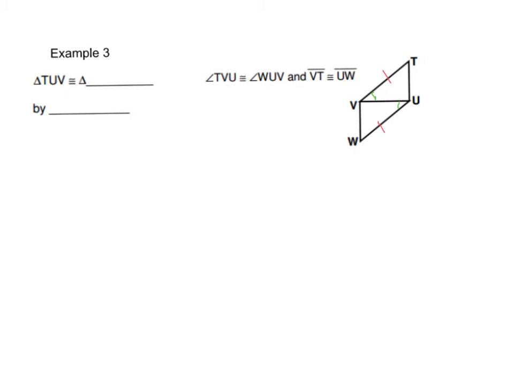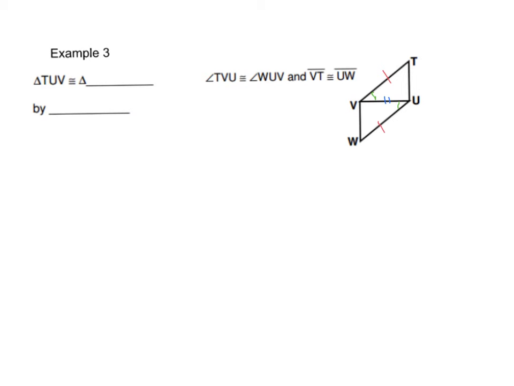All right. Is there anything else we know? So we have a side, we have an angle. Do we have another side? Hopefully you guys do see that VU is going to be congruent to itself in both triangles because it's in both triangles.